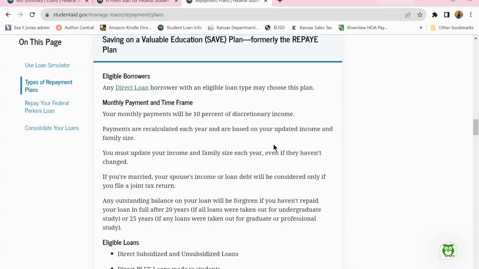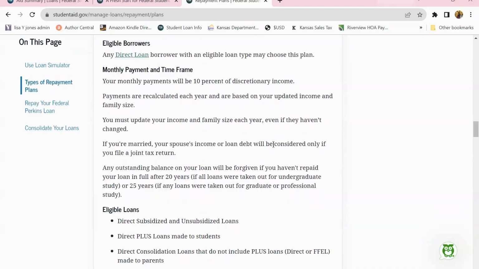Okay. I highly recommend that, because then you don't have to remember to recertify, because there are penalties if you don't. Okay. That only becomes a challenge with people who don't file their taxes on time. Okay. As long as you're filing your taxes on time, do that. All right. Then you must update your income and family size each year, even if it hasn't changed.